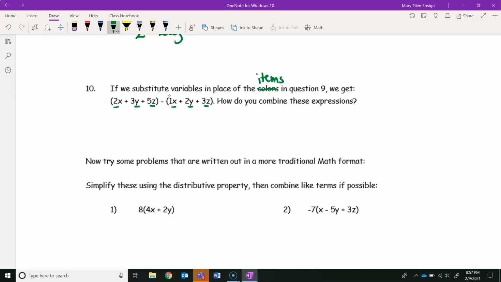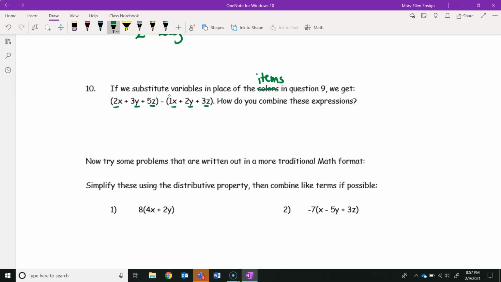Subtraction is a little tricky with polynomials like this, with expressions like this. We'll talk about this more later on in the year as well, but when we subtract something, we didn't just subtract this first term. We didn't just subtract the paper clips. We also subtracted the pennies, and we subtracted the Legos, okay?